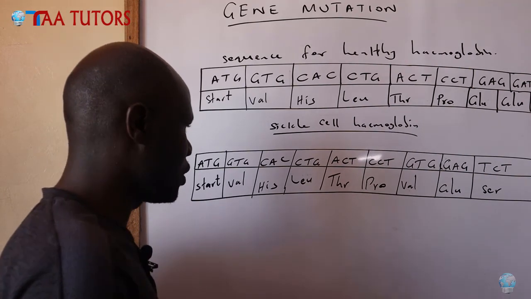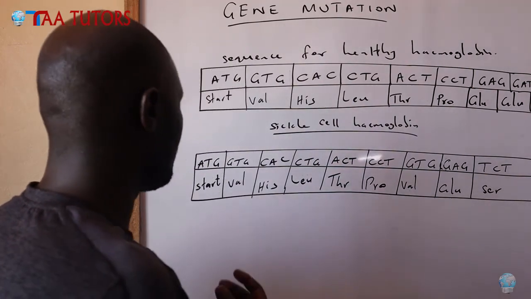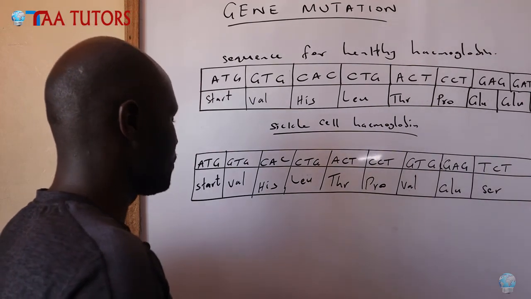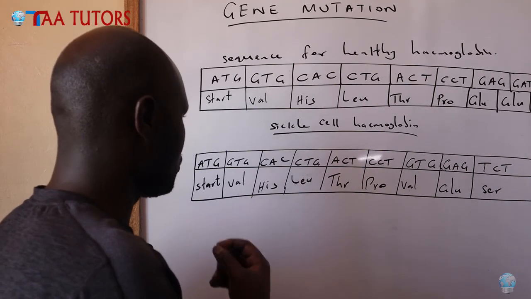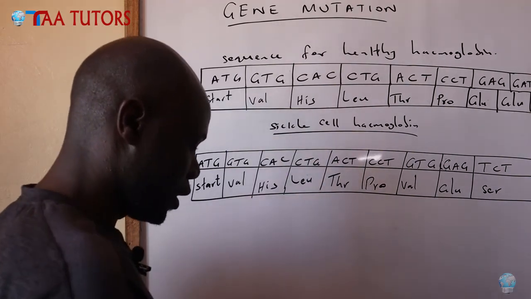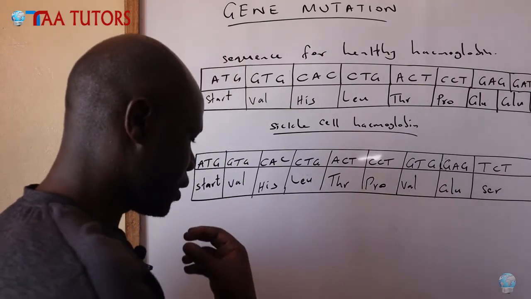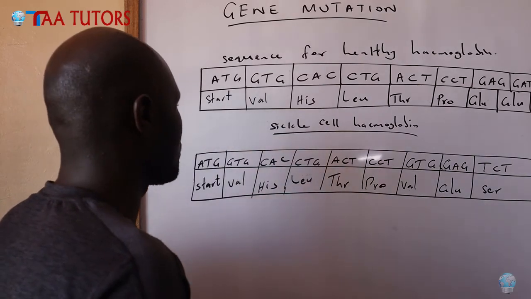Those can bring a change in the individual's gene. So it is advisable that we avoid exposing ourselves to these mutagenic conditions. Mutagens are conditions that can cause mutation, and it is good for us to avoid them in the environment. So this is an example of a mutation, and that is how mutation can occur in the gene.